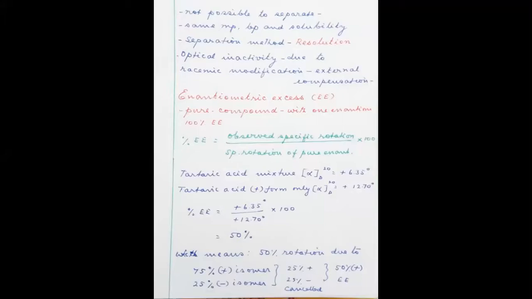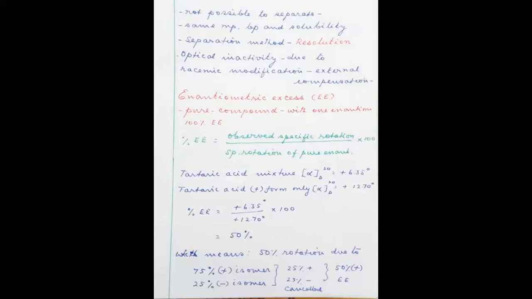Normally it is not at all possible to separate racemic mixtures. If you have a racemic mixture and try to separate it into the D isomer and L isomer, it is practically not possible because the physical properties are identical, the chemical properties are identical, and they have the same melting point, boiling point, and solubility. So the separation is not possible.